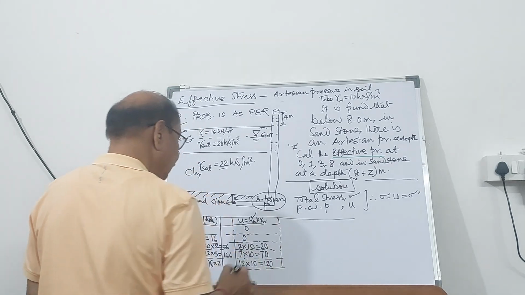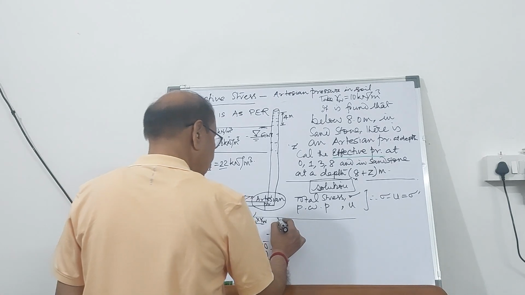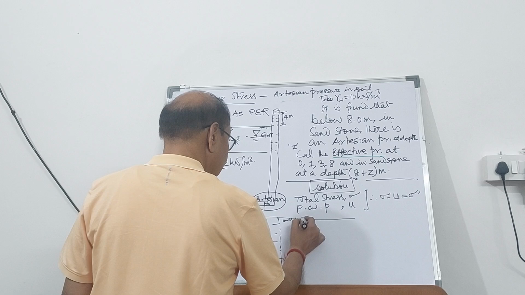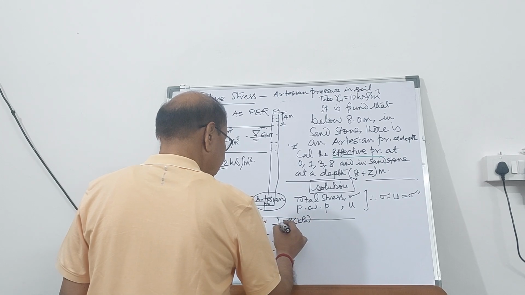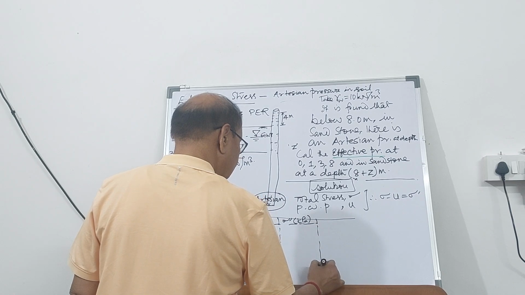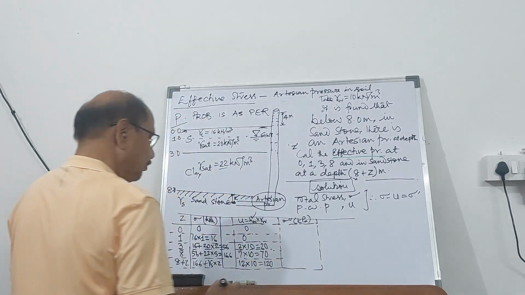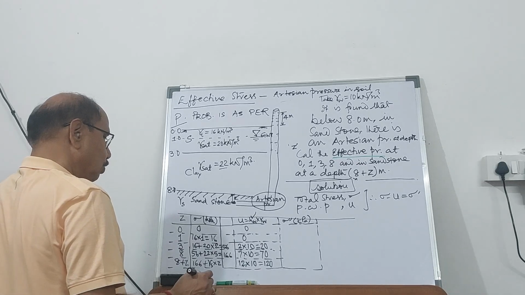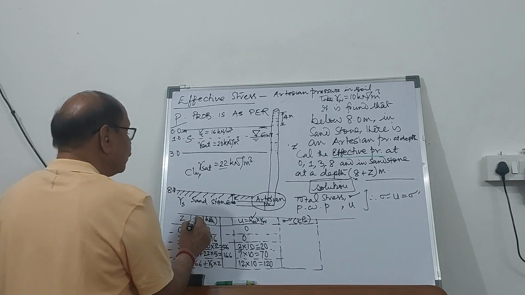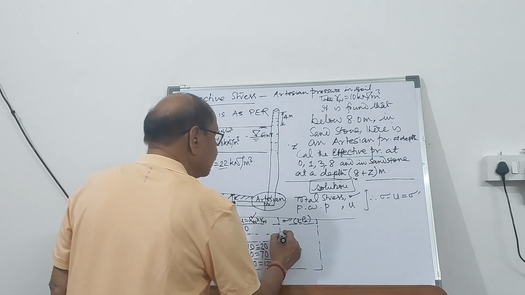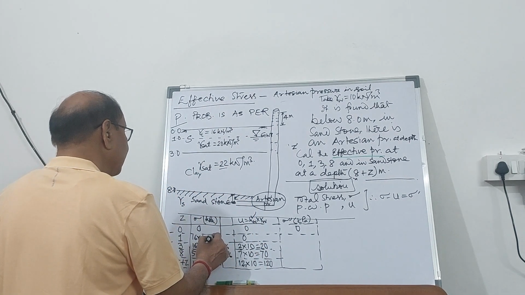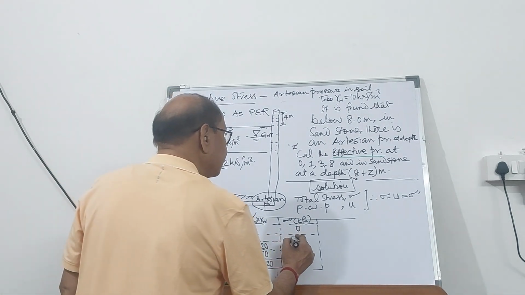So the pore water pressure you have calculated very easily at different levels. Now, what is the effective pressure in kilopascal? That is very important, because your strength parameter is a function of the effective pressure. So effective pressure is the difference of total pressure minus pore water pressure. At 0, there is going to be 16 minus 0, that is 16.